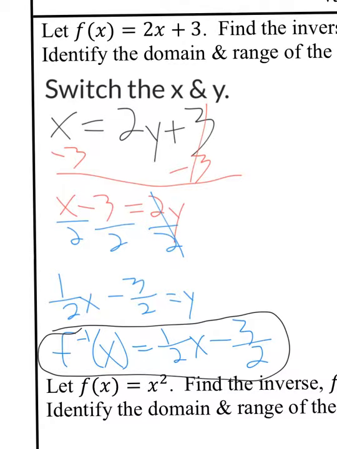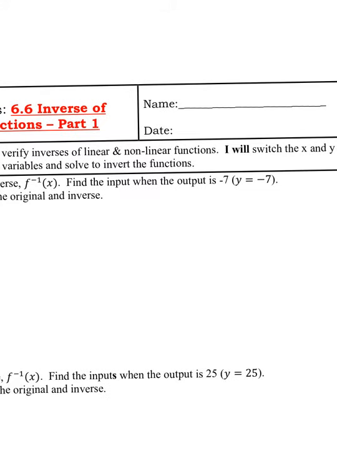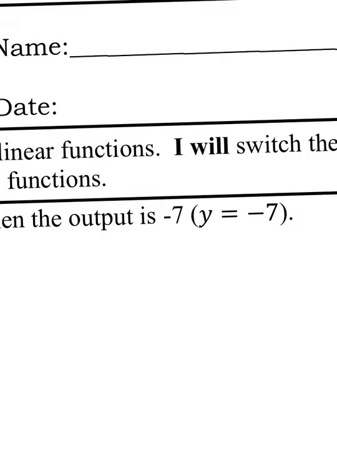Alright, so at this point, it's saying find the input when the output is negative 7, because normally you find the output when given an input, but since this is inverse, it's backwards. So it's like this is the output in the original function, and you'd be solving for x.